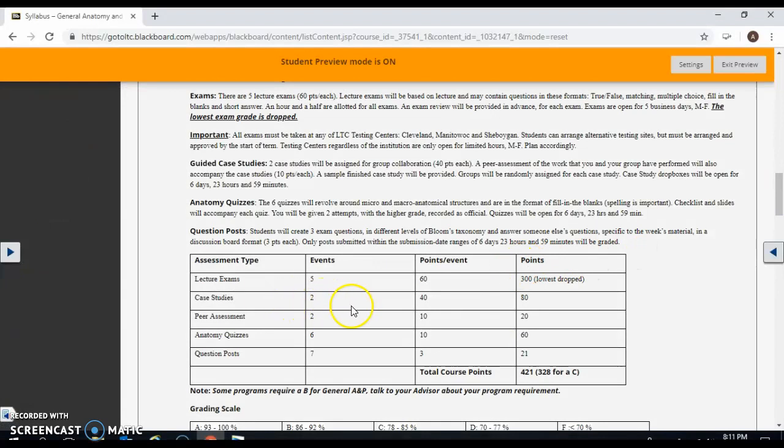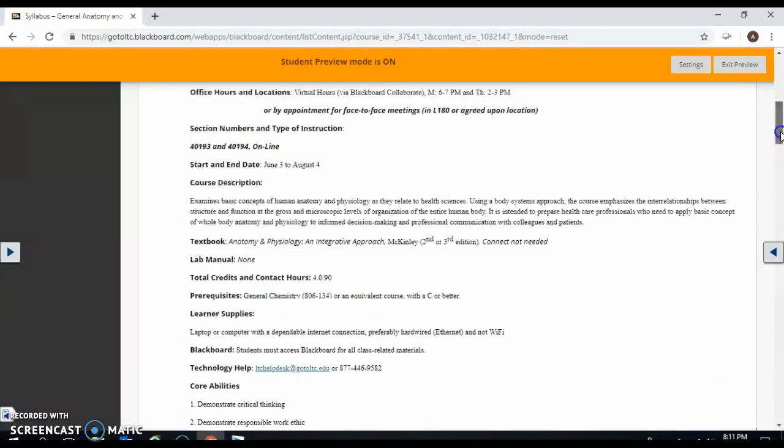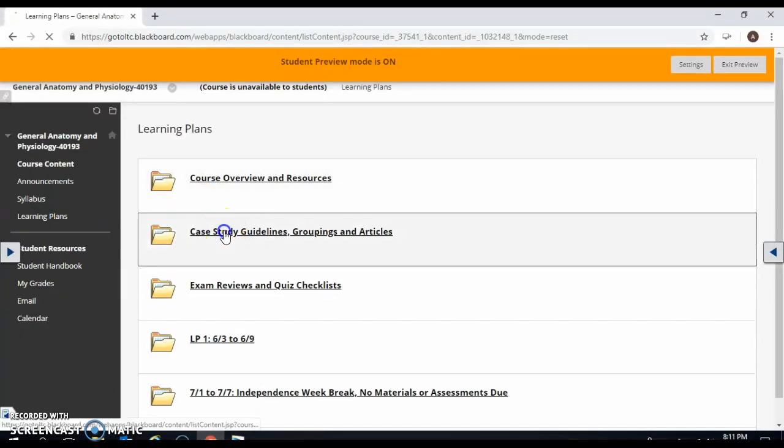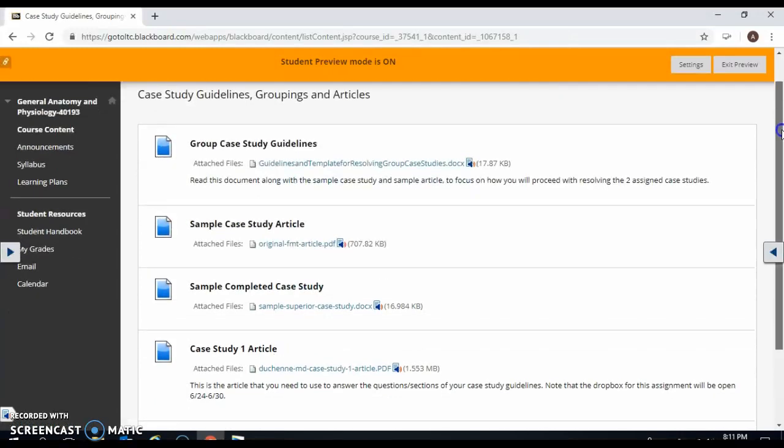You have 2 case studies. The case studies are group case studies. In fact, your group's already been created, okay? For your first case study, there's actually an example. And again, guess where you can find that? That can be found in learning plans in this thing called case study guidelines, grouping, and articles. Guidelines is kind of like the rubric.